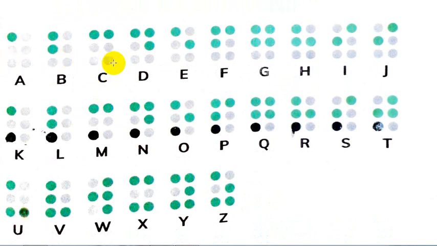Here, in the first line, we draw the letters pattern from A to J, as you see in this picture. Okay, in the second line, we draw the letters pattern from K to T as the first line, but we add 1 point in square number 3.